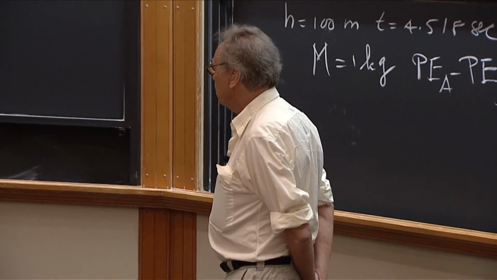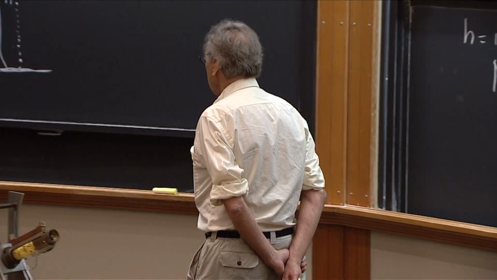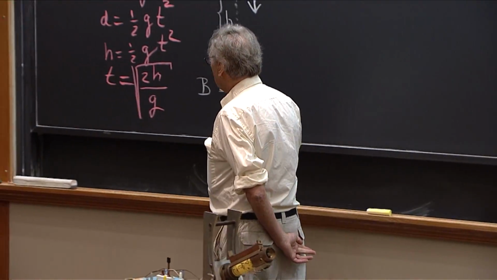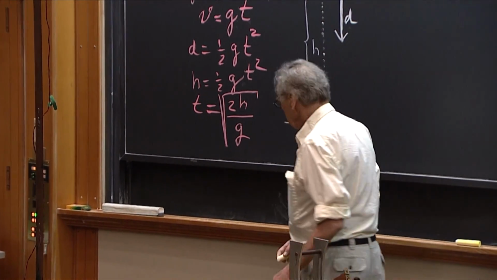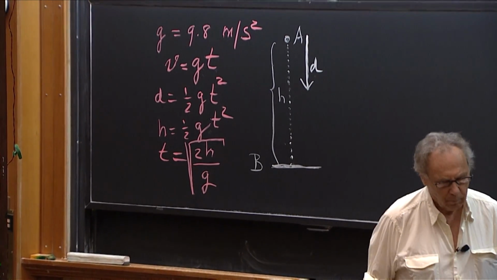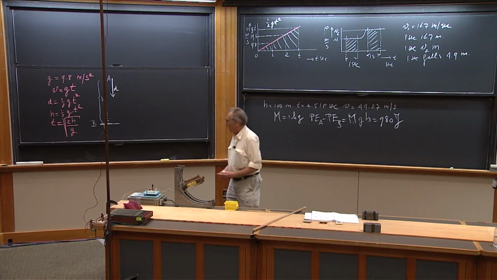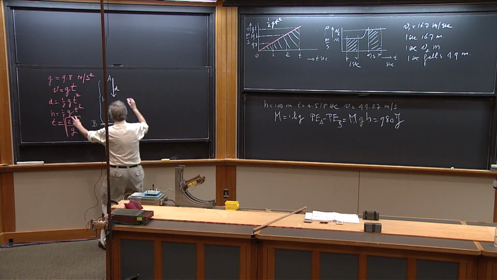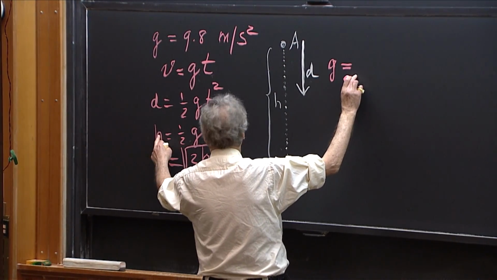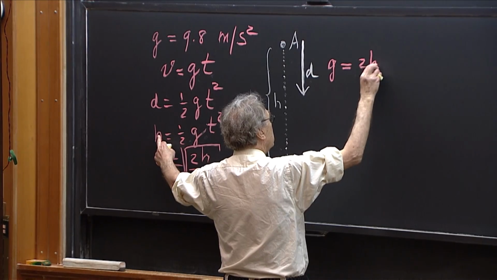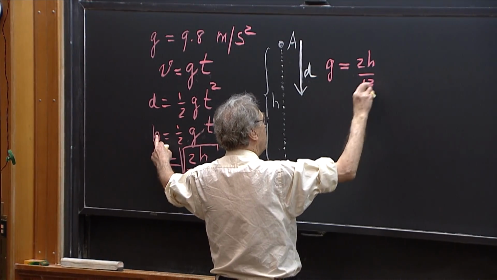And how am I going to do that? Well, look, for instance, at this equation. I can bring g out. So g equals 2h divided by t squared.